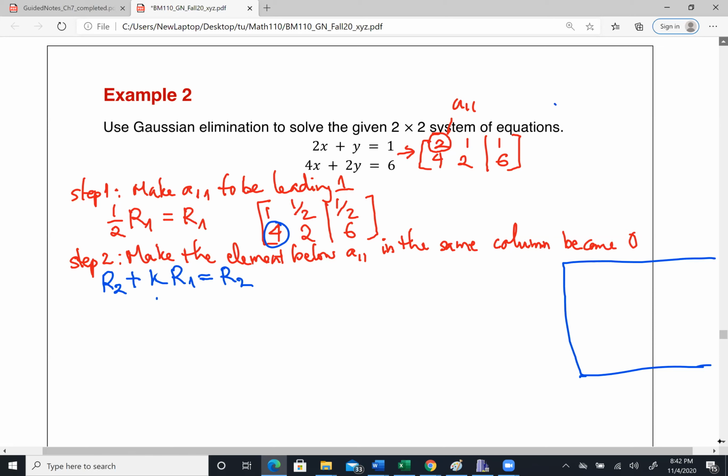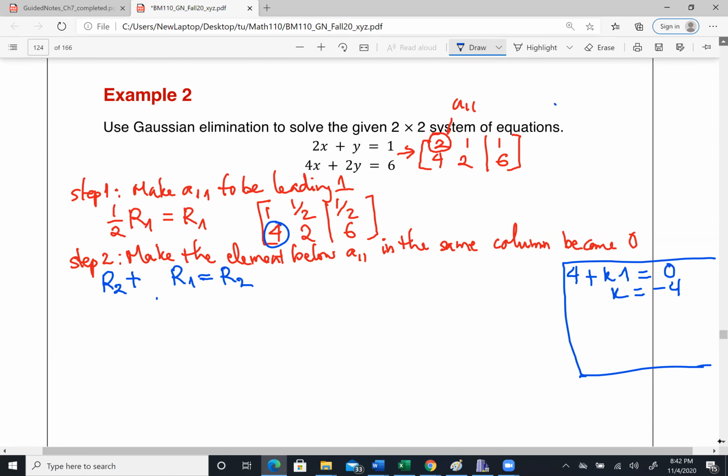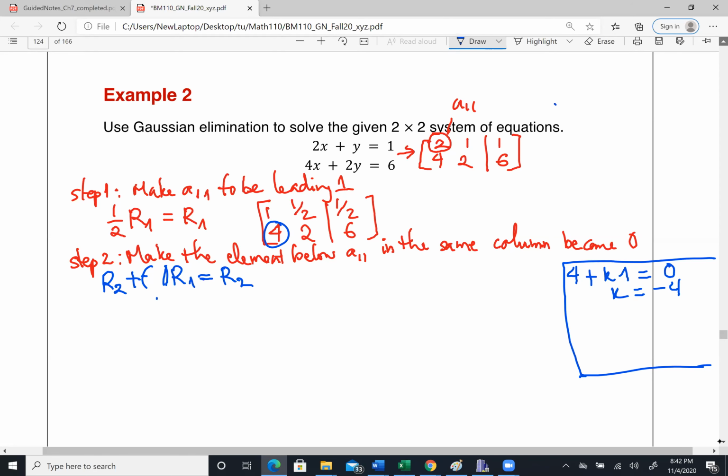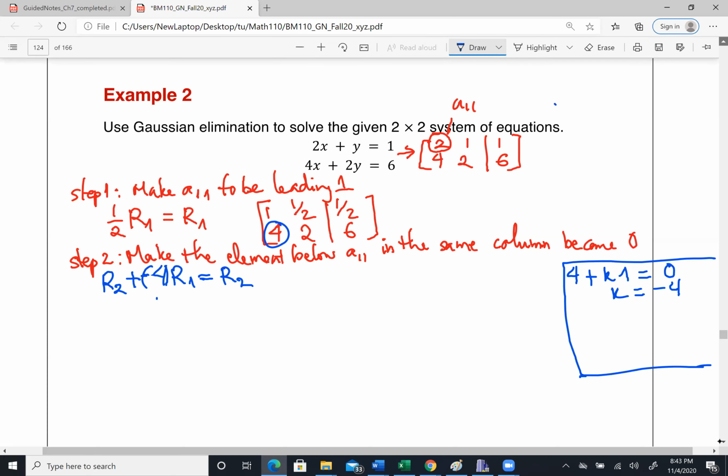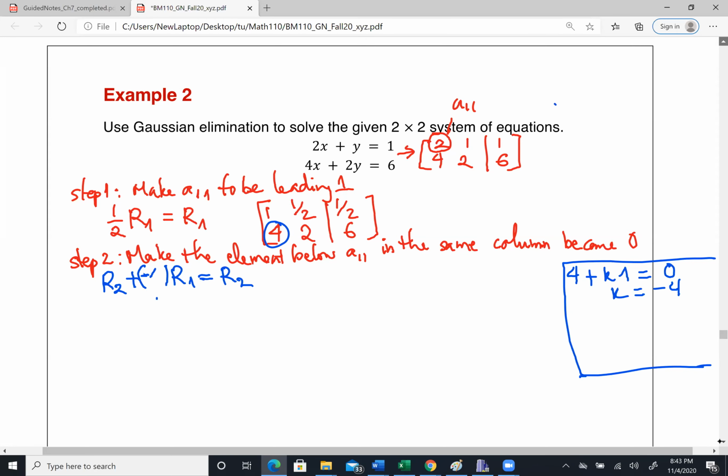The first element of row 2 is 4, plus k times the first element of row 1, which is 1, and I want it to equal 0, so k should be equal to -4. So easily you just change this k to -4.